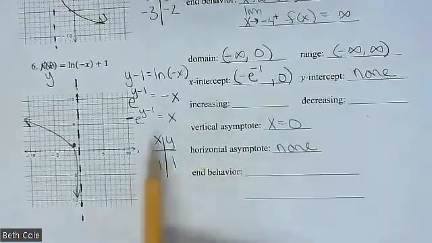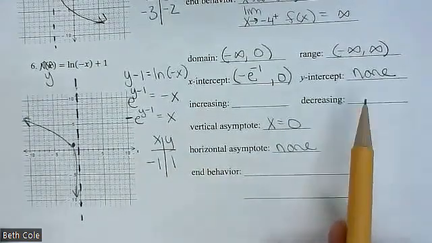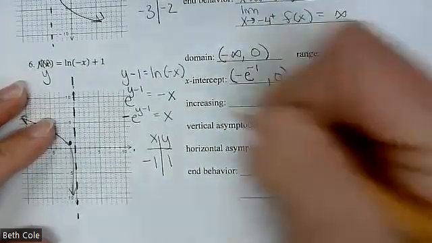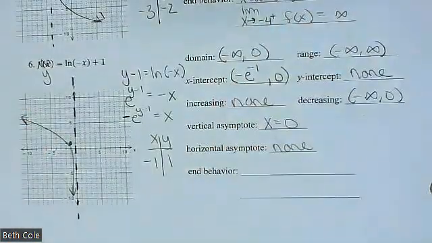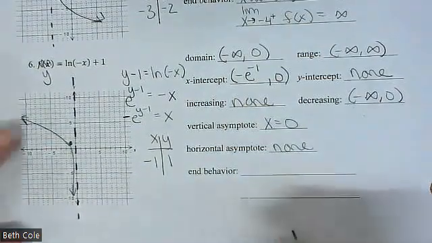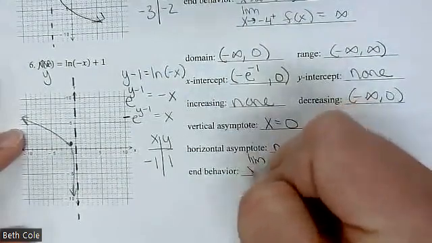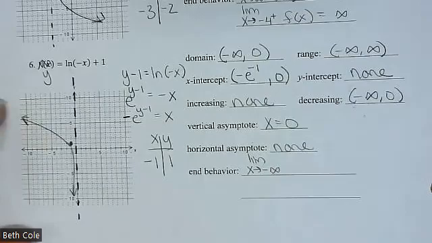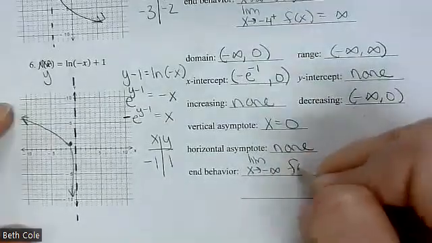Are we increasing or decreasing? All right, decreasing, it's not everything, it's the domain. And the end behavior will be a little bit different this time because it's on the other side. You can now do limit as x goes to negative infinity because your graph is going off to the left.